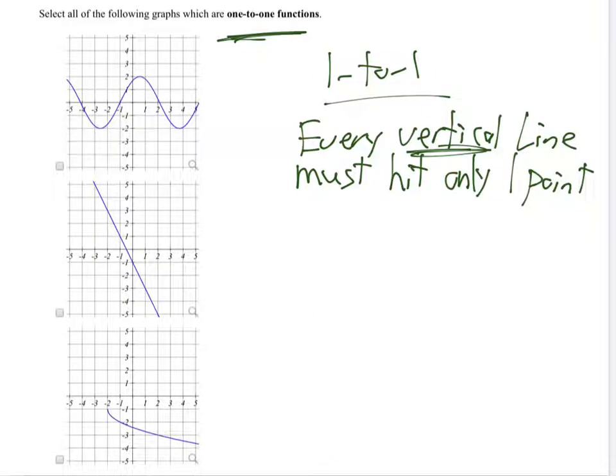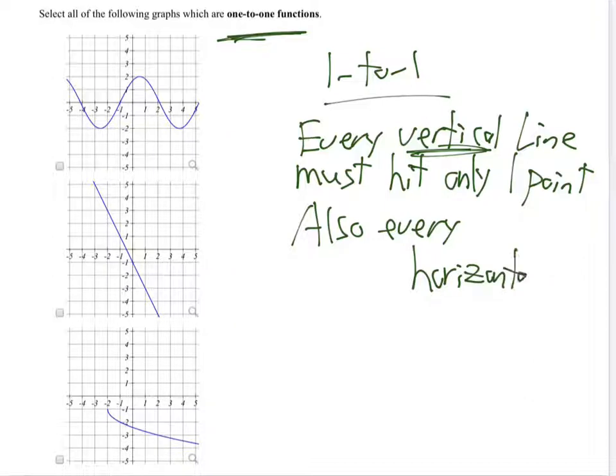You can't have a vertical line hitting 2 or more. Well, now for 1-to-1, we're going to say also every horizontal line. So if you want 1-to-1, then you got to have not only vertical lines hitting only one point, but horizontal lines hitting only one point. So we just test vertical and horizontal lines.